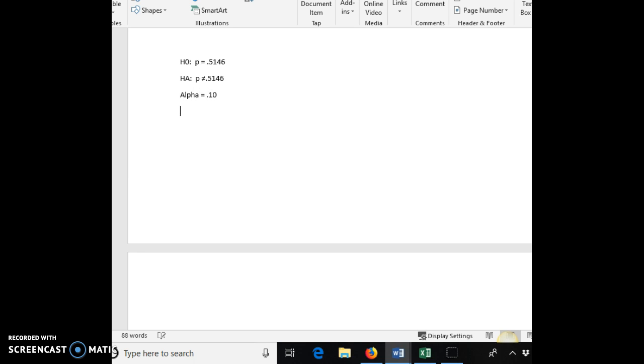All right, now this is a two-tailed test, so we want to divide alpha by 2. It's going to be 0.05. And now let's look up 0.05, and let's remember, since it's two-tailed, we'll have two critical values.